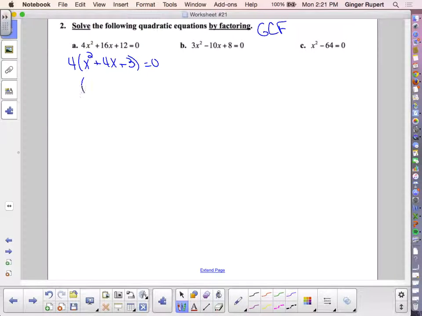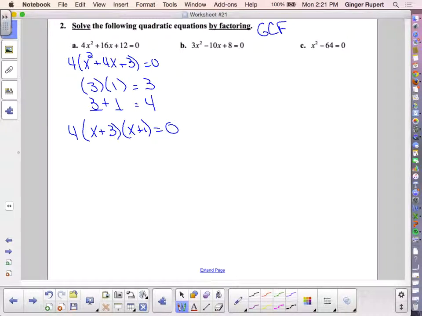Then you ask the question, what two numbers multiply to give me a 3, but add to give me a 4? So 3 times 1 and 3 plus 1. So that means I have 4 times x plus 3, x plus 1 equals 0.